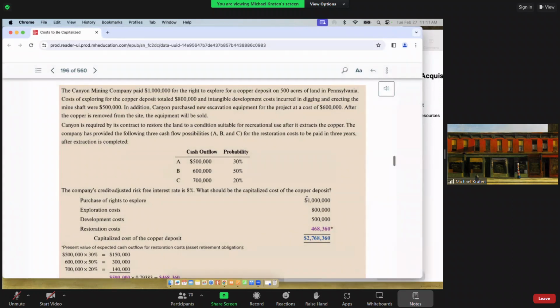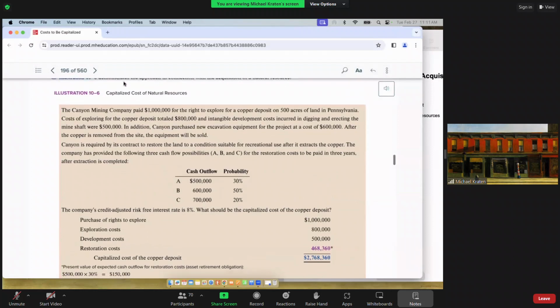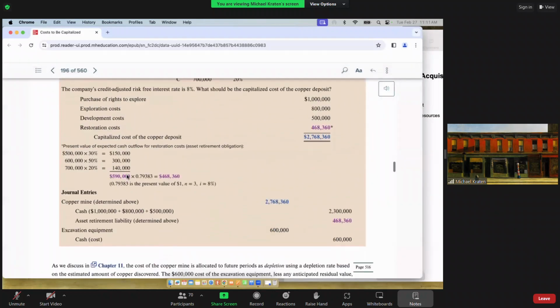Why is that so evil? Because this cost has nothing to do with the value of the natural resources. It's just some equipment. Okay? And the equipment costs you 600,000.